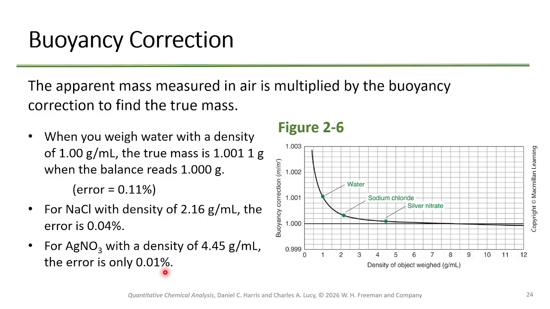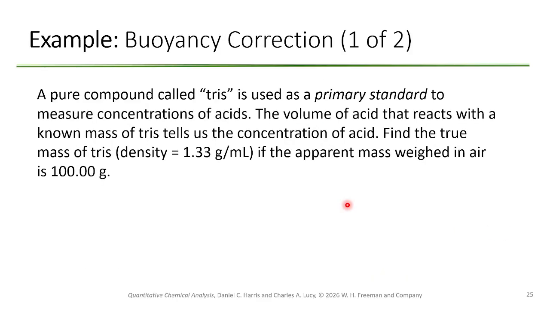So for example, as we get up here, density 4.45 grams per milliliter, we only have an error of 0.01%, right? Does this ever go to zero? No, not really. It kind of flatlines pretty close to zero, but usually doesn't actually hit zero here. But okay, these are the buoyancy corrections.